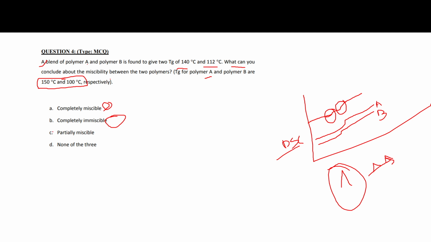But if they are partially miscible, we get a Tg in between them, not 150, not 100. That suggests they are partially miscible, not completely miscible or completely immiscible. So C will be your correct answer. These two polymers are partially miscible.